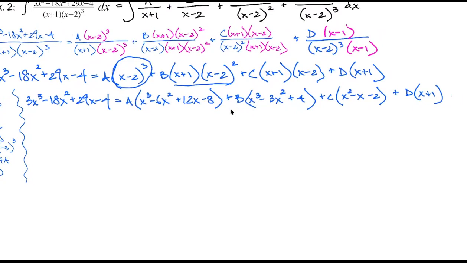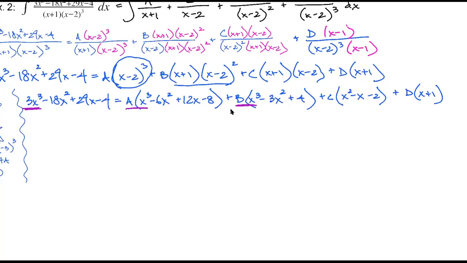Now, obviously, I did these ahead of time, so take your time to FOIL things out, show that thinking, okay? But what we're going to do now is really just collect like terms, all right? So here's what I mean by that. 3x cubed would be considered a like term with ax cubed and bx cubed.